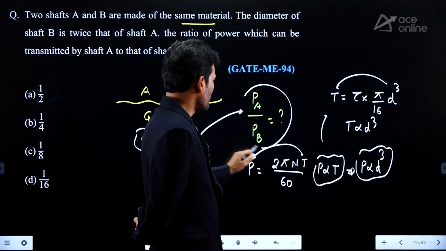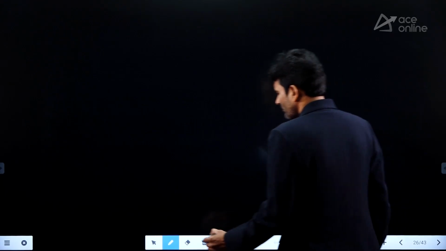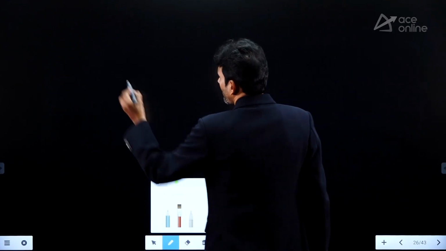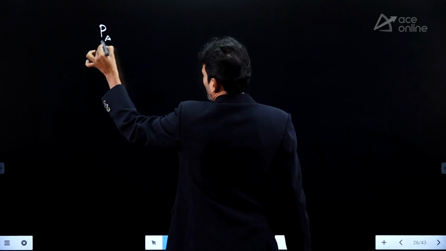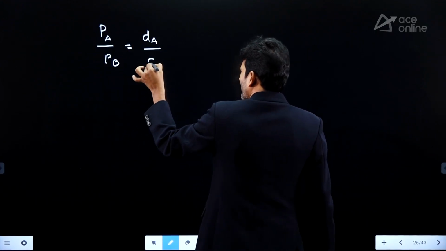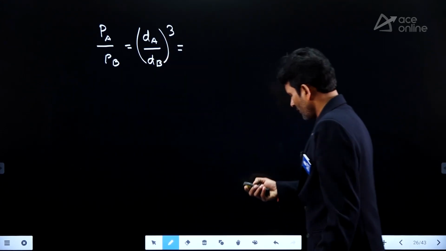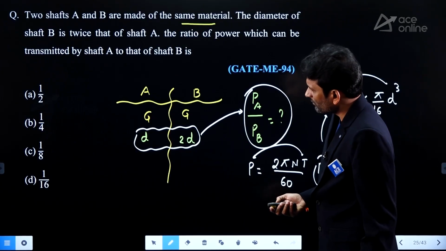What we required? This ratio we required. Just try to substitute the diameter values. PA divided by PB equal to dA divided by dB whole cube. That's it. What is the diameter of the first one?